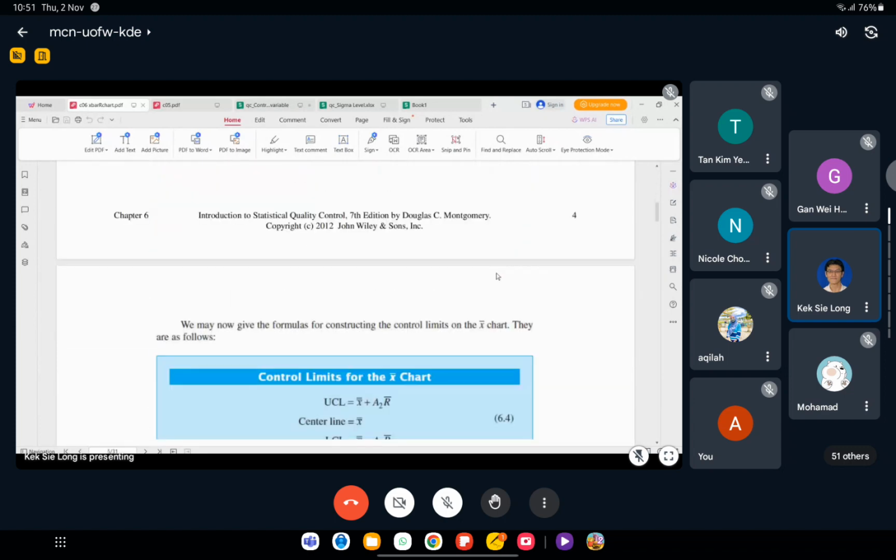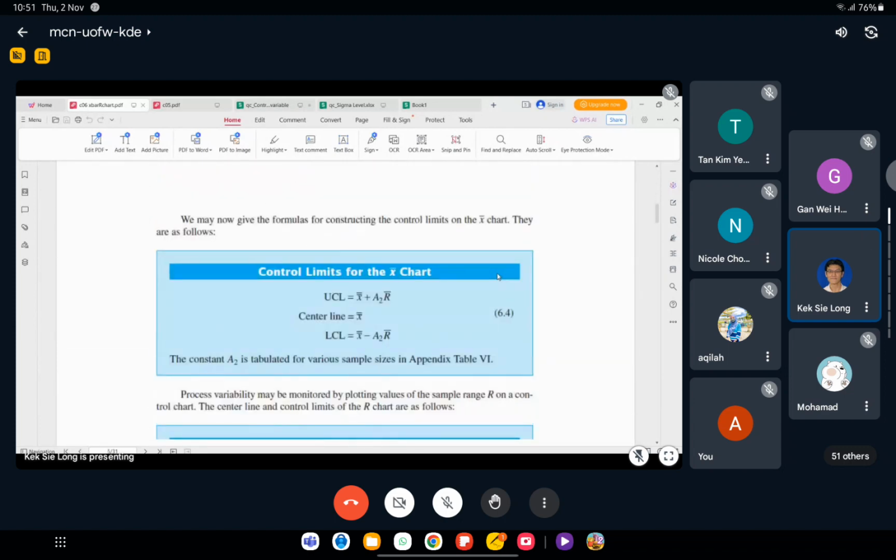We go to equation 6.4. Please compare equation 6.4 and equation 6.2. Just now I mentioned they are different, but that is a mistake. I should not say different, because equation 6.1 and equation 6.4 are actually equivalent.